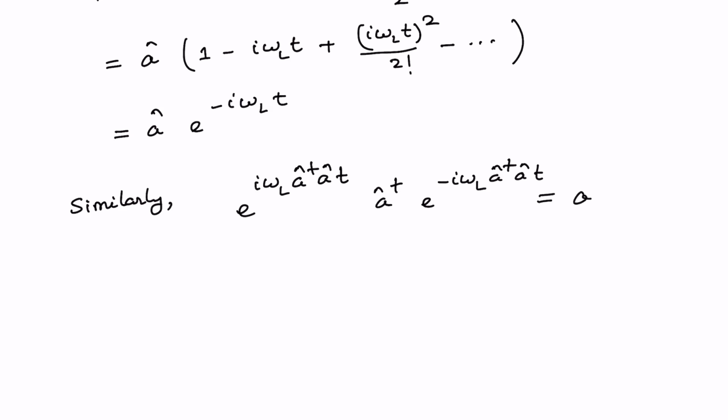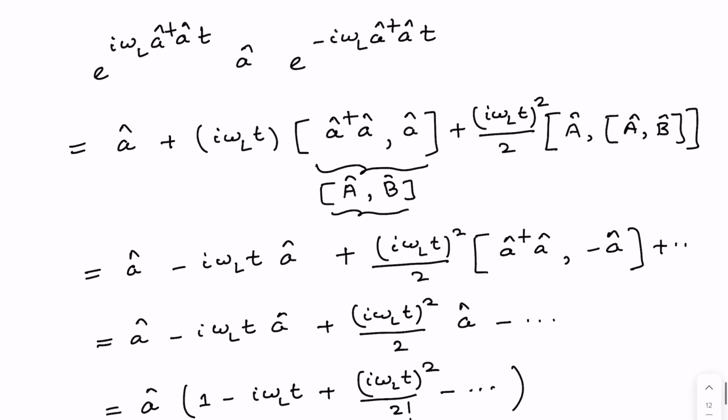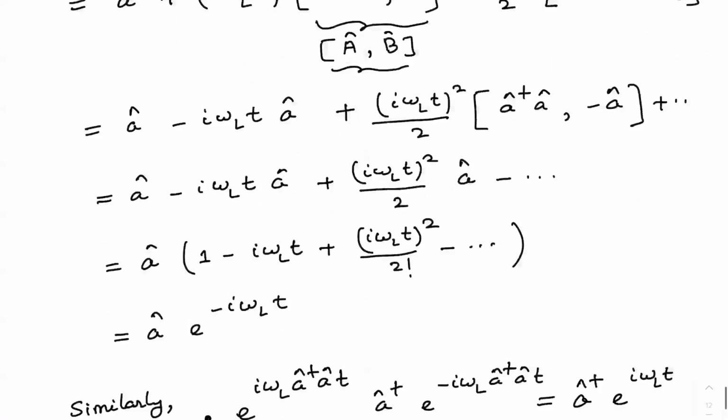You are going to get a dagger e to the power plus i omega_L t. So this is what you are going to get. Please keep these results, remember these results. We are going to utilize them again.